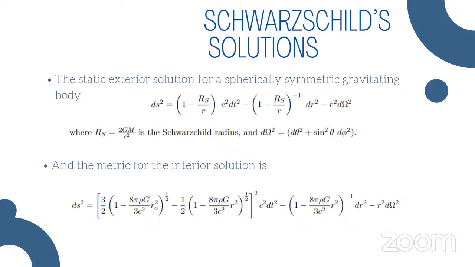So we have this metric, ds squared equals 1 minus Rs by R and so on. This metric is the Schwarzschild exterior solution, that is, outside a spherical mass, and Rs represents the Schwarzschild radius. The Schwarzschild radius is important in the sense that it forms the event horizon of a black hole.